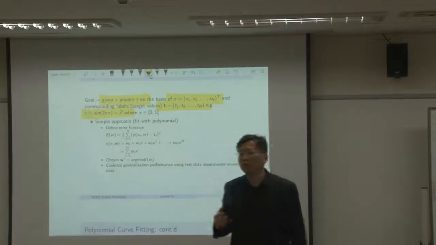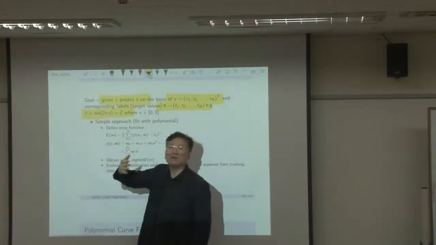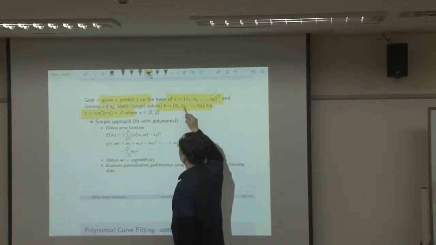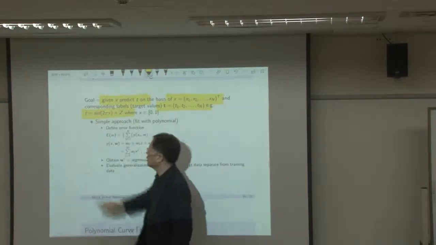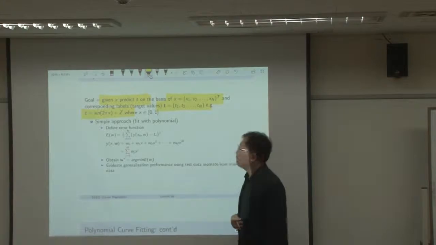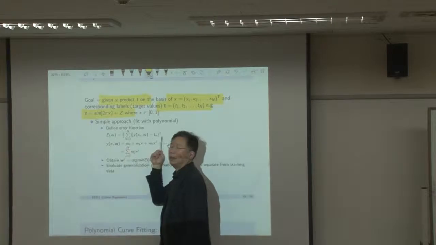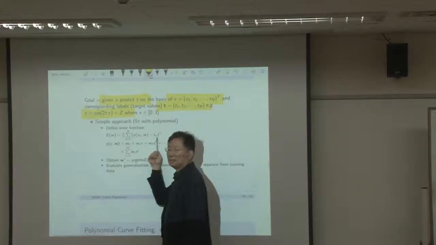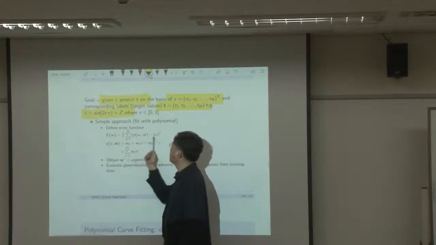But let's assume that we don't know this. So we have training data where we have just X and T. We don't know this. Let's assume that we're going to have our loss function as the residual sum, or the mean square sum.